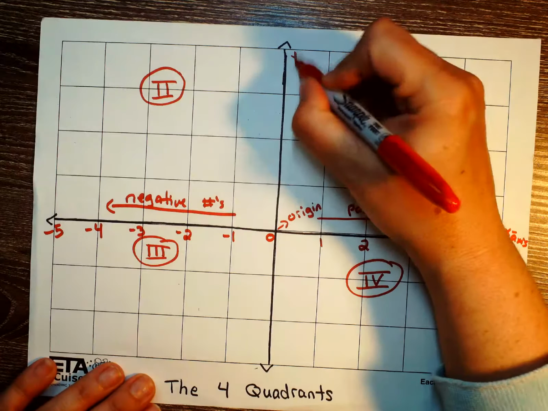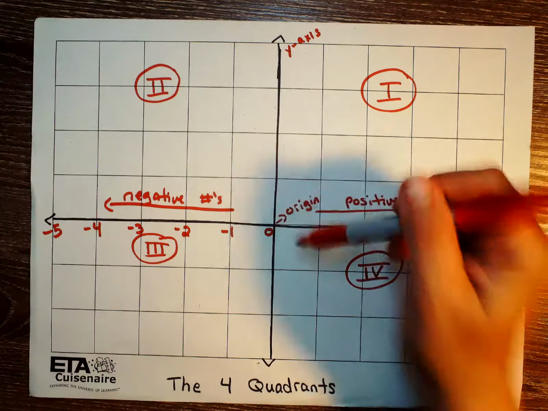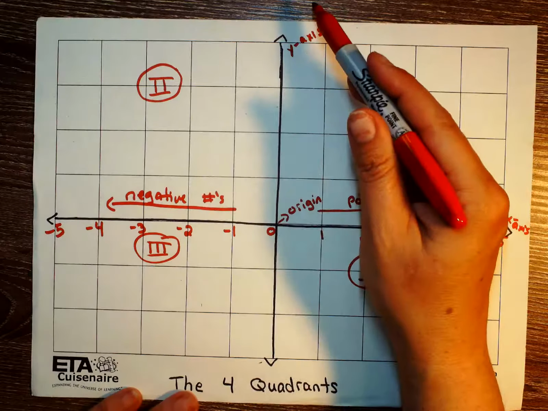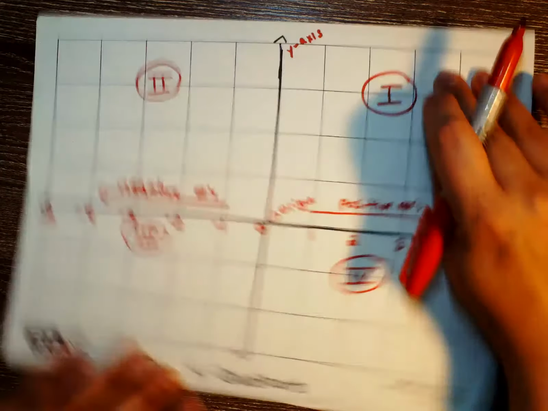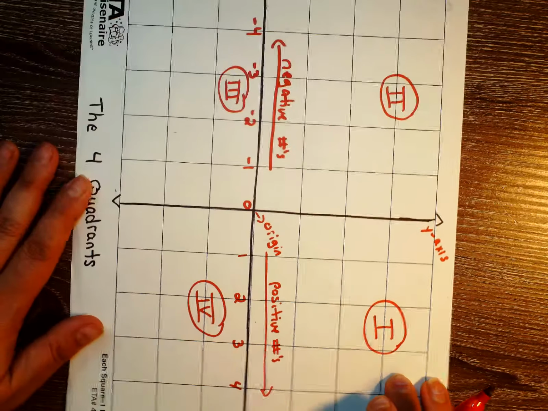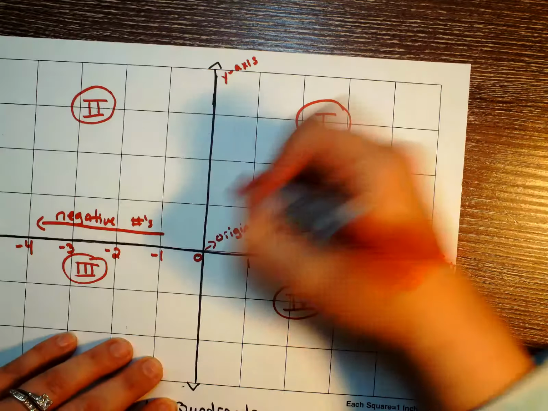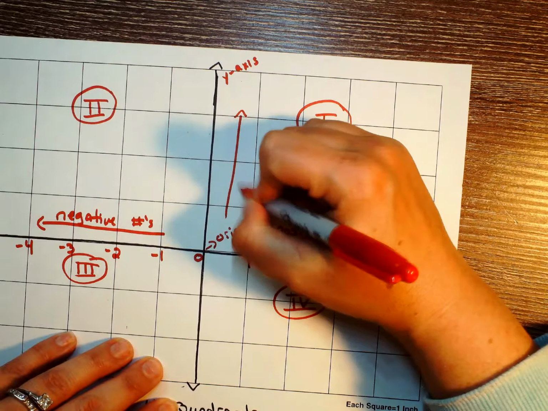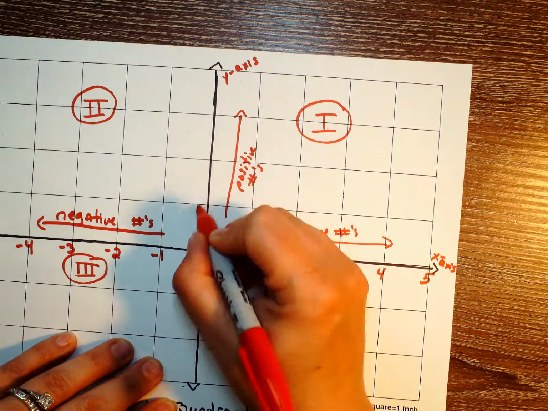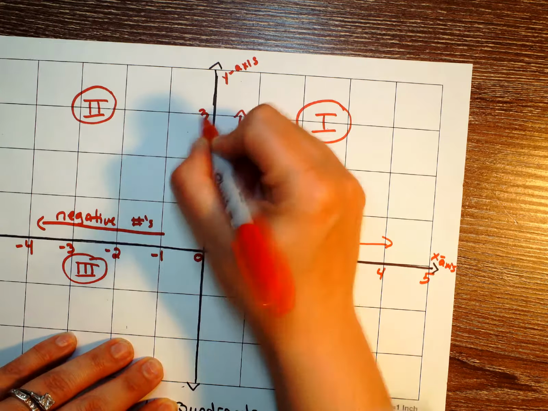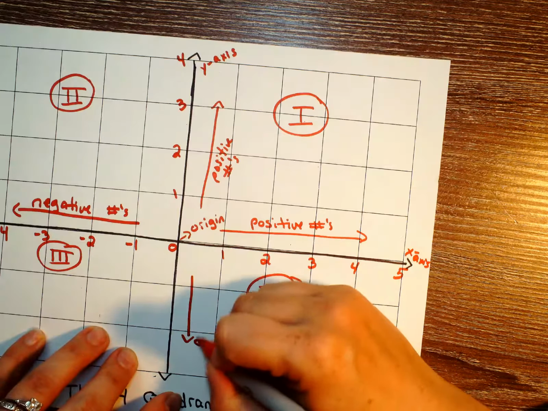Now let's do our y-axis. Think of a thermometer going up. These are your positive numbers, because everything goes higher, and going down is your negatives. If I flip it, you'll see it like a number line: here are your positives, here are your negatives. So I'll draw my arrow and write 1, 2, 3, 4 going up, and then going down, -1, -2, -3.